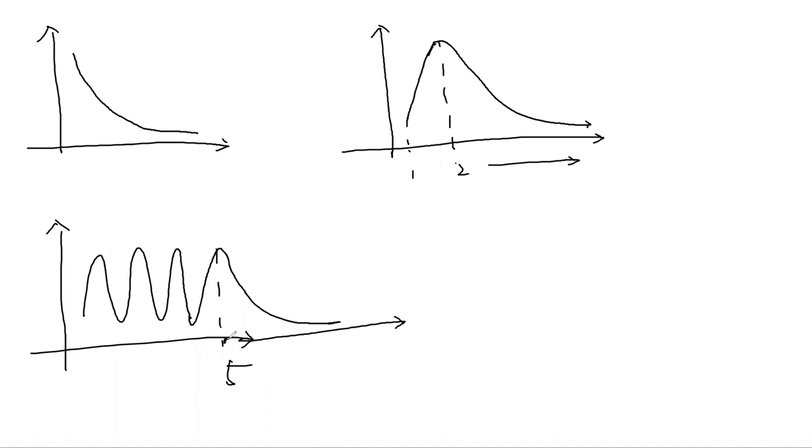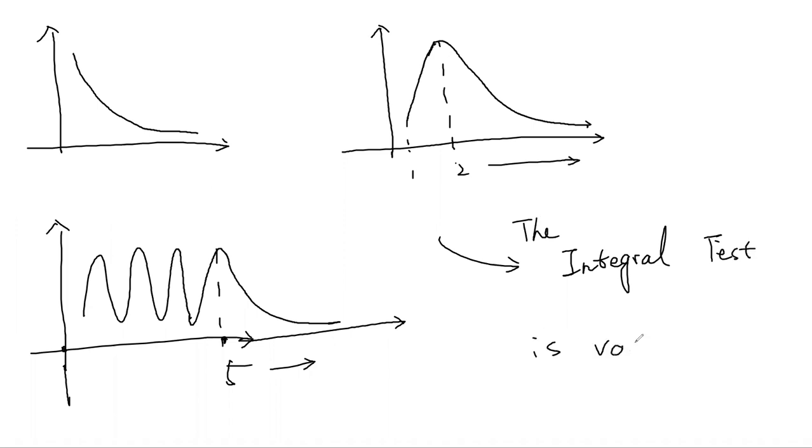For example, if this is 5 and the function decreases after 5, and the function stays above the x-axis, always positive after 5, then you can use the integral test. So in all these cases, the integral test is valid.